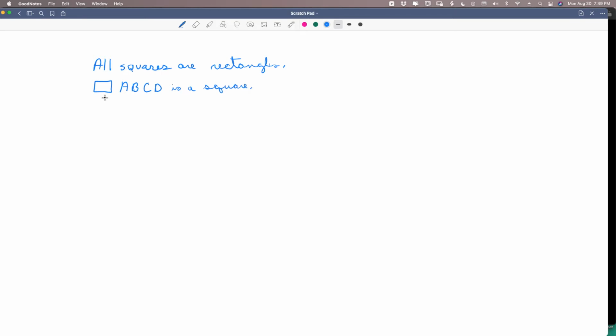So therefore, we can conclude that quadrilateral A, B, C, D is a rectangle. This would be a valid conclusion to this syllogism, that quadrilateral ABCD is a rectangle because it is a square and all squares are rectangles.